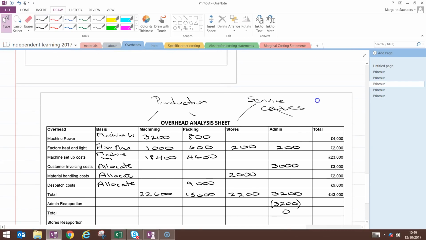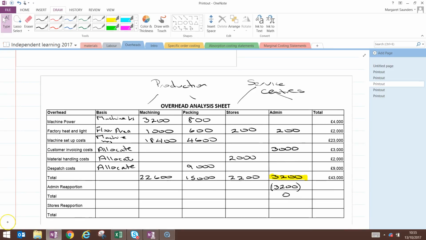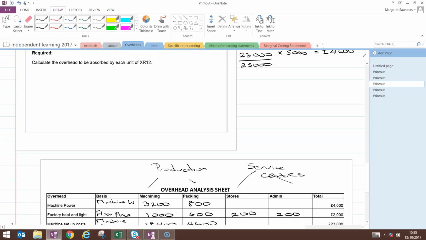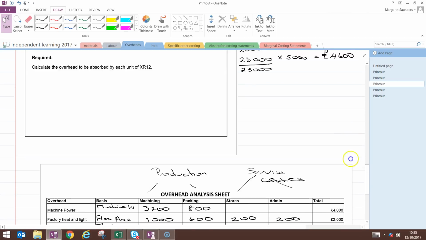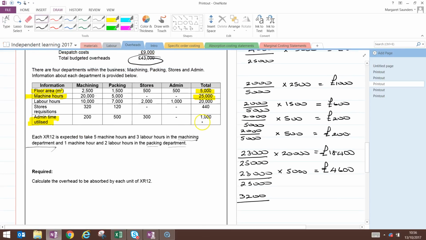Just go back. That admin figure. So if we look at the calculation, £3,200 of admin divided by total admin time, 1,000, and then we will multiply it by 200 to give us the admin time for machining.